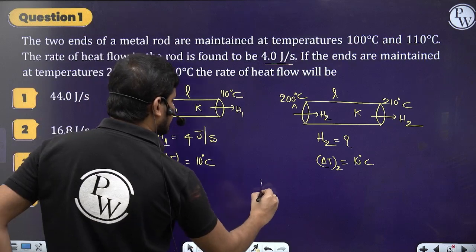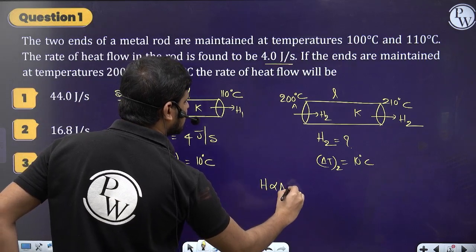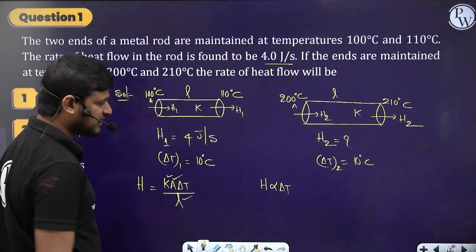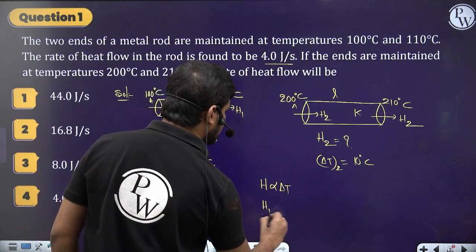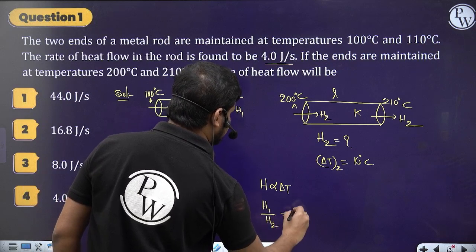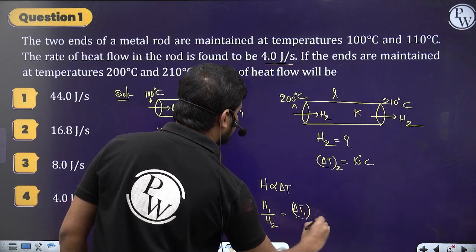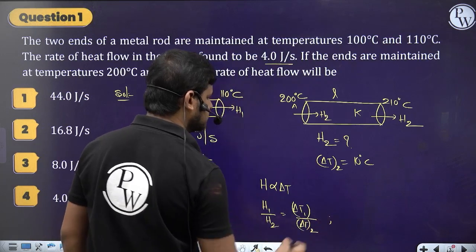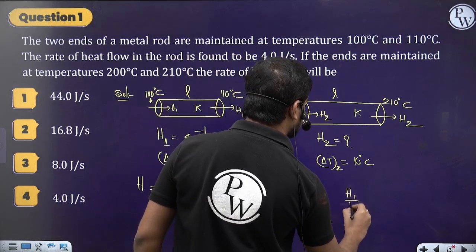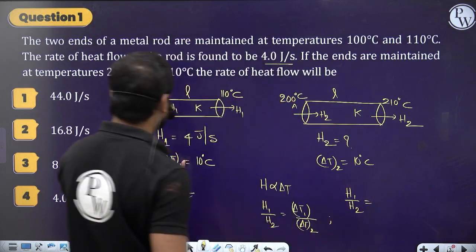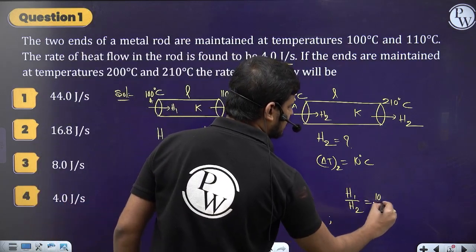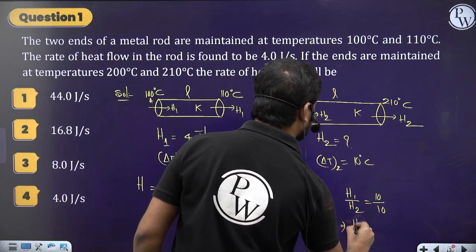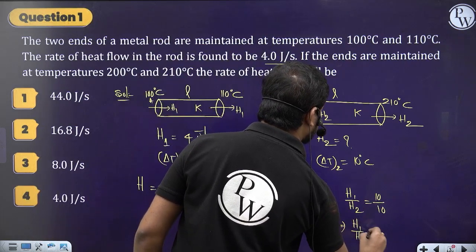That means H is directly proportional to delta T. So I can use the formula H1 by H2 equals delta T1 by delta T2. Now H1 by H2 equals, what is delta T1? 10. Delta T2? 10. So from here, H1 by H2 equals 1.